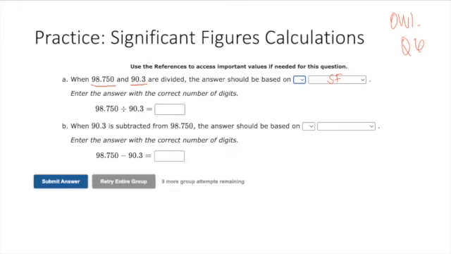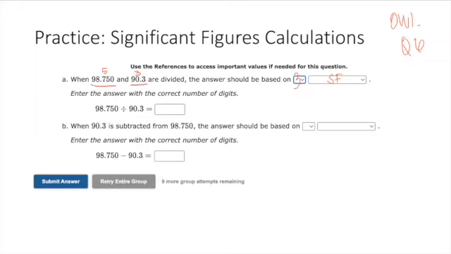So here we have 5 significant figures. Here we have 3 because that 0 is sandwiched. So when we're multiplying or dividing, we want to make our answer to the least amount of sig figs in the equation, which here happens to be 3. So our answer should be based off of 3 significant figures.